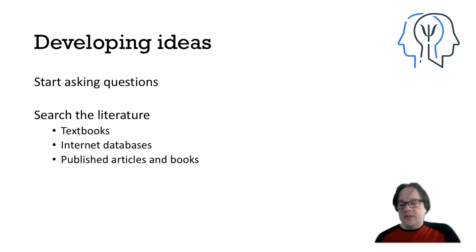And when we say search the literature, we're talking about the scientific literature, which means mostly peer-reviewed journal articles, but also unpublished dissertations and unpublished manuscripts, all of those things. A good place to start, though, is actually with textbooks.